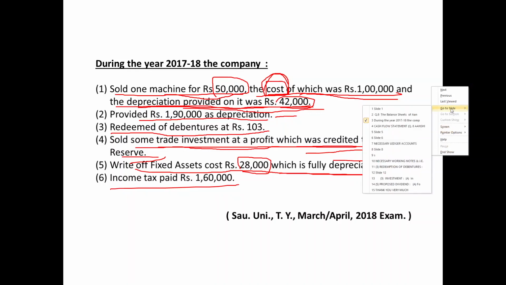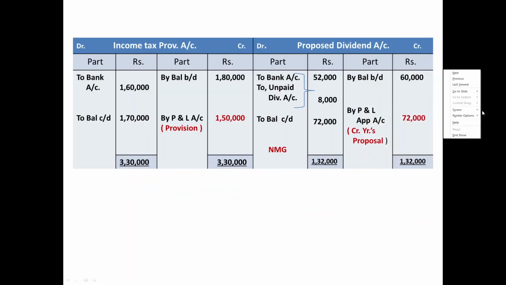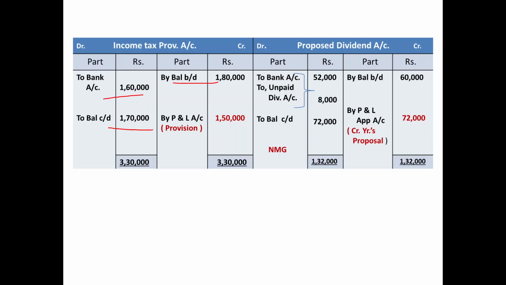Let us verify the income tax account. Opening balance 1,80,000, closing balance 1,70,000. And now income tax paid 1,60,000. Income tax provision account debited to bank account credited 1,60,000. This is the posting. Total of debit side looks bigger, 3,30,000.